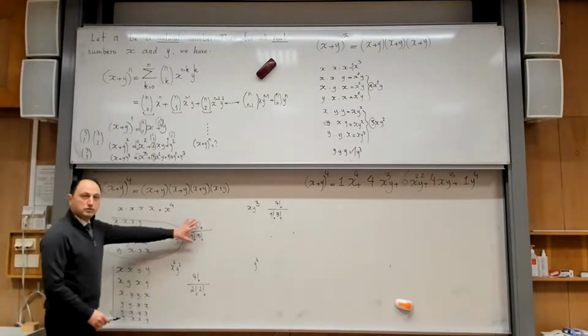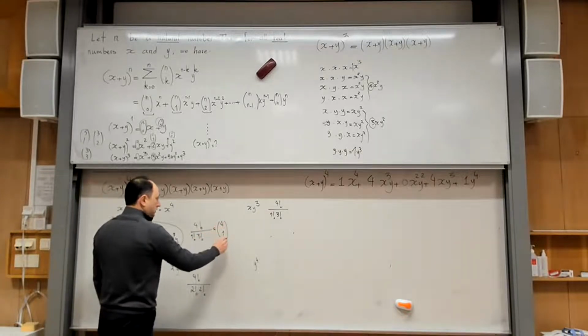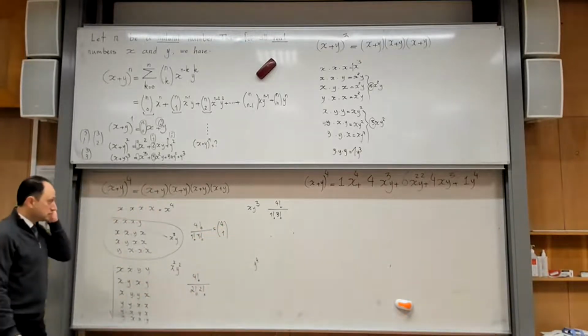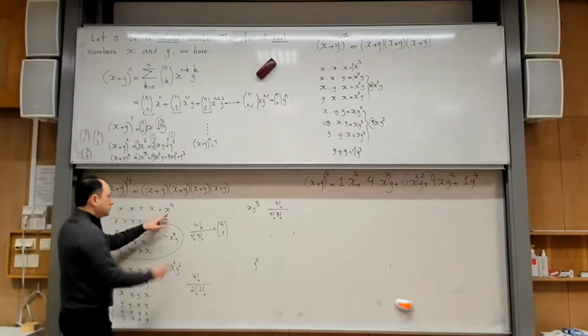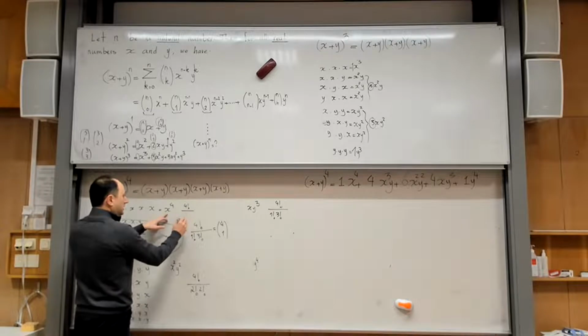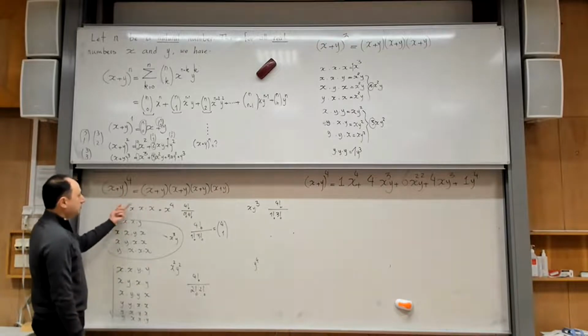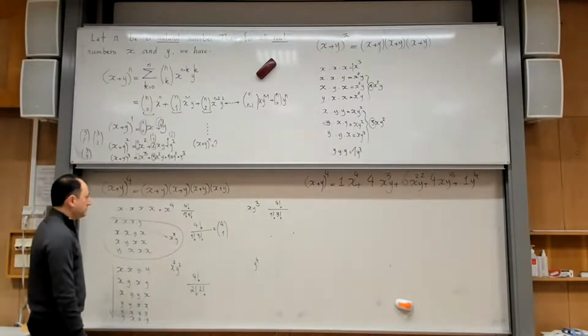But there is a better way to write this number. What is that number? This is 4 choose 1. Yes? So here, if you want to, you can write 4 factorial and then divide it by 0 factorial and 4 factorial. Yes? Because y is not repeated at all, so 0 factorial.